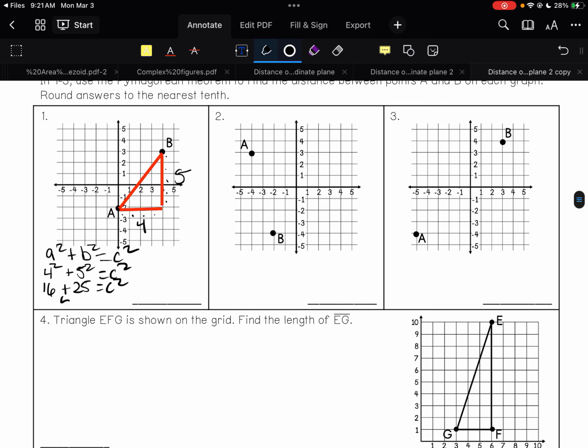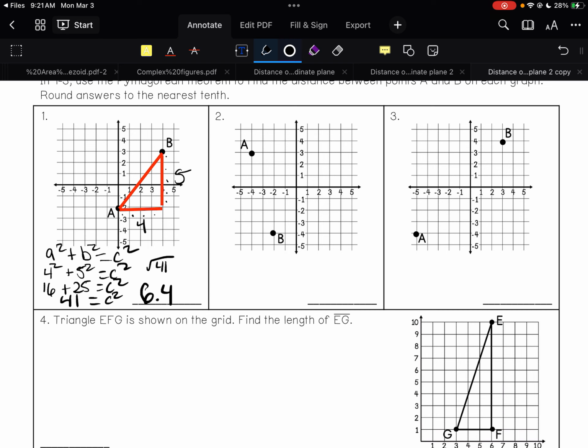So we're going to have 41 is equal to C squared. So we have to find the square root of 41, which is going to be 6.4.